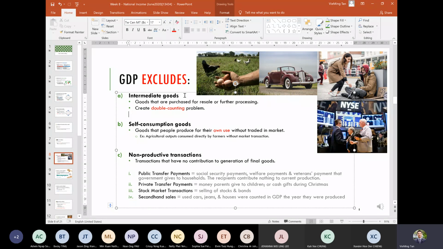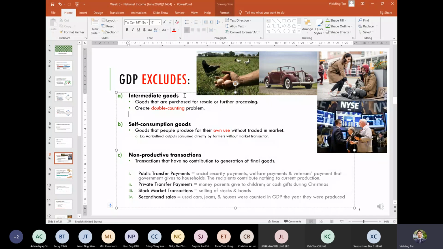Because if we include them, this will create the double counting problem. That means we count the intermediate goods value two times. So we have to ignore intermediate goods when we use the output approach.